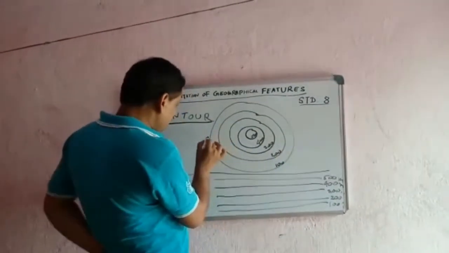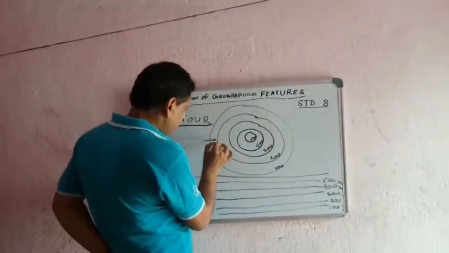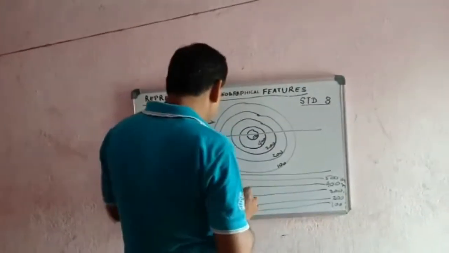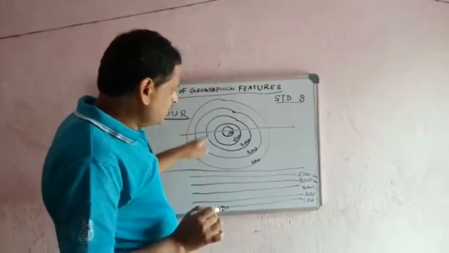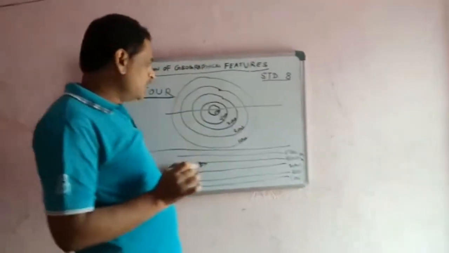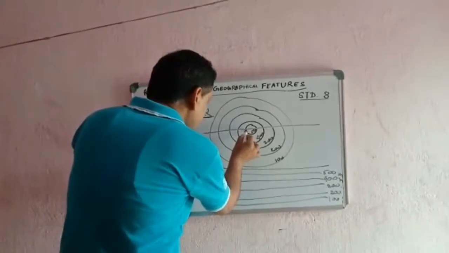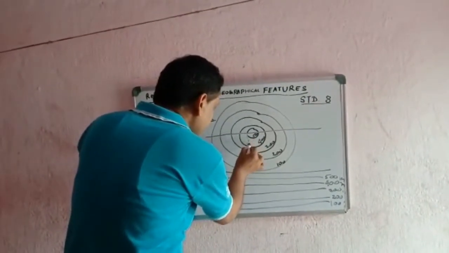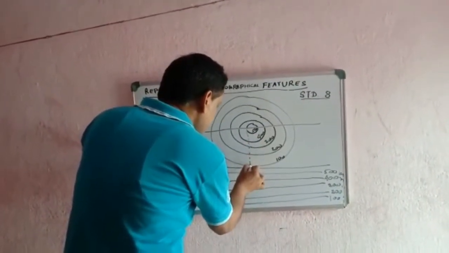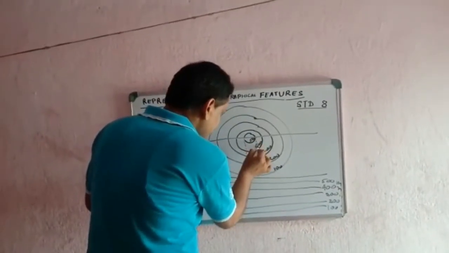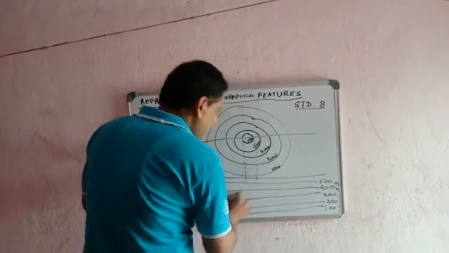Simply you make a straight line, and on this line you draw perpendiculars. See, this one is 500, so you start with the dotted line and drop on the 500. From this side also 500.